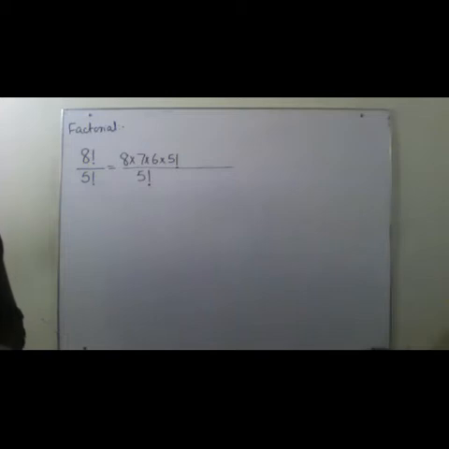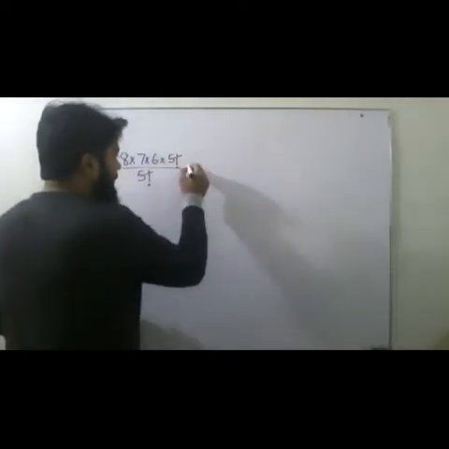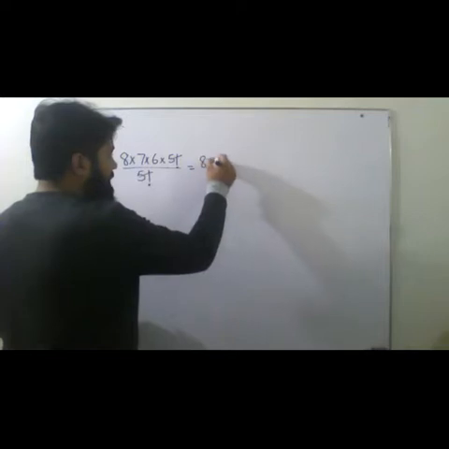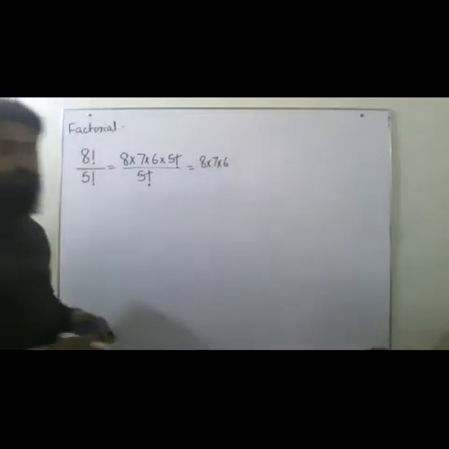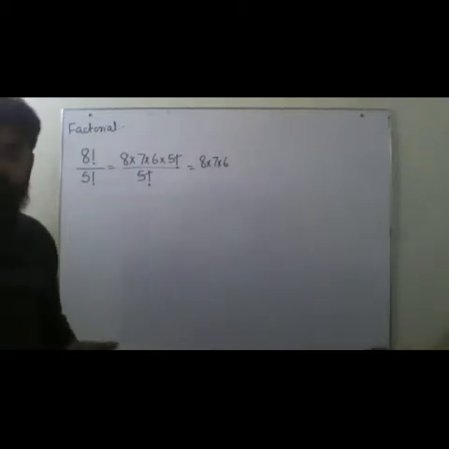So what will happen? We know that 5 factorial and 5 factorial will be equal, so I can directly cancel them and I will have 8 into 7 into 6 as my simplified form. But why am I doing it like this?